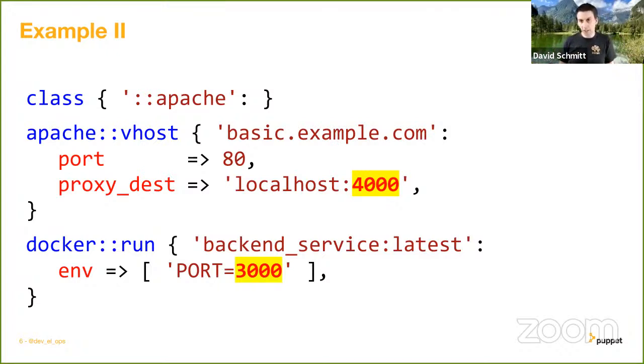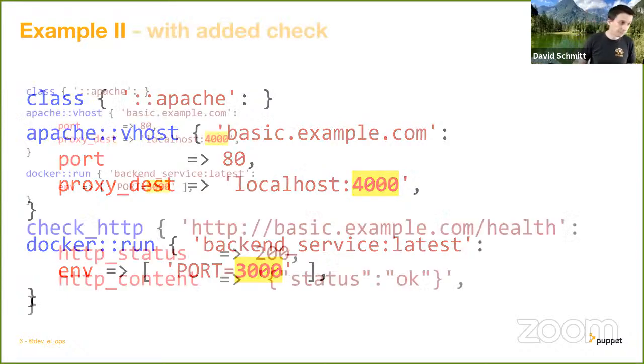And with operational verification, I want to take this to the next, for me, logical step: what if a Puppet run could tell you more about your service's health beyond that a process successfully started, right?